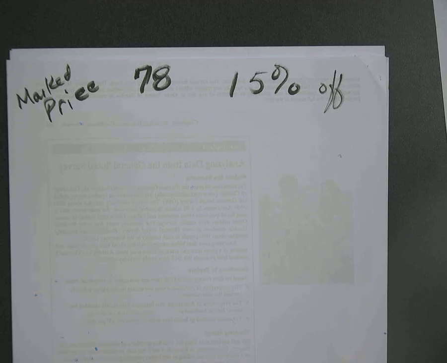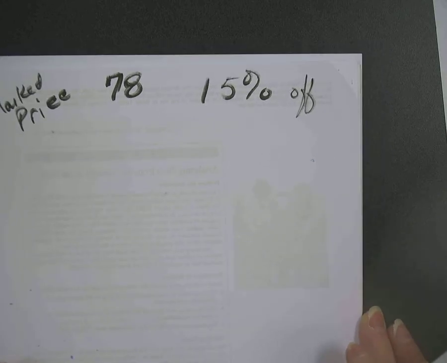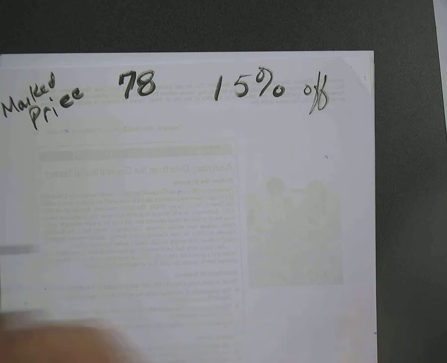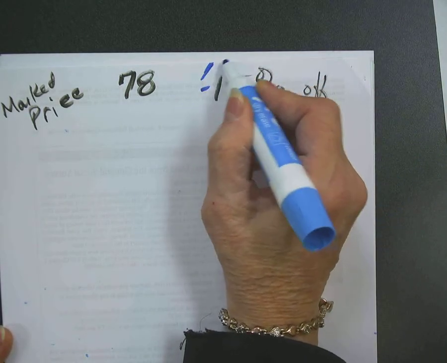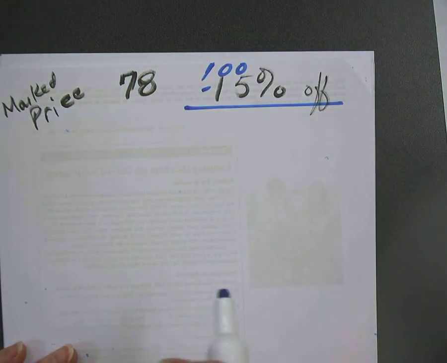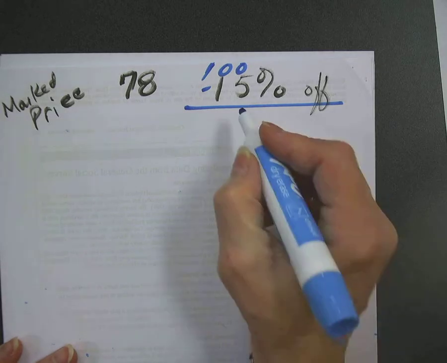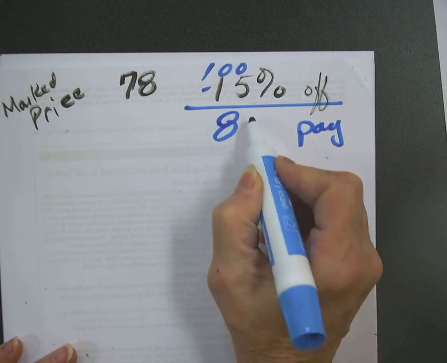Well, let's figure it out. 15% off. So you're going to be paying what percentage if it's 15% off? What was that magic number? 100. 100% minus what you're getting off, 15% off, you'll be paying 85%.